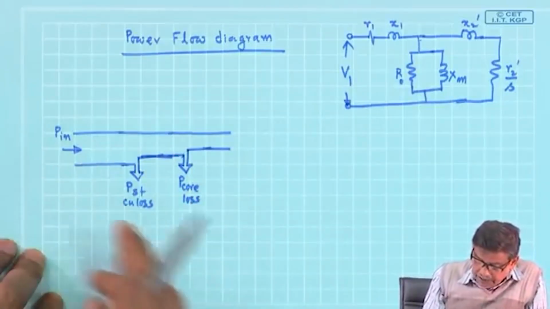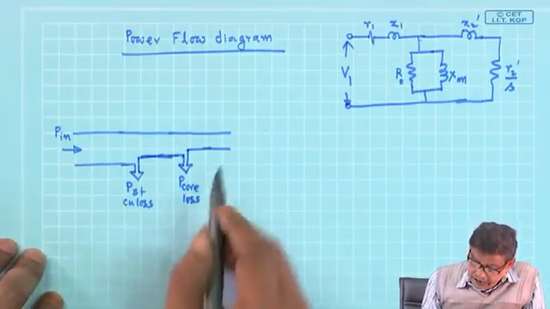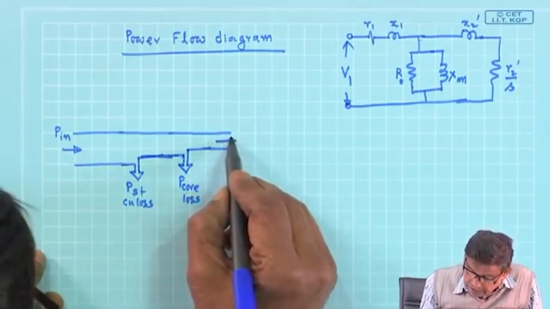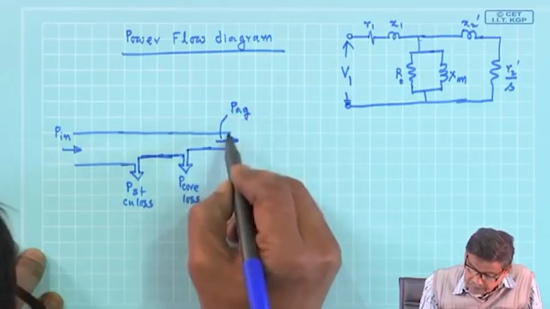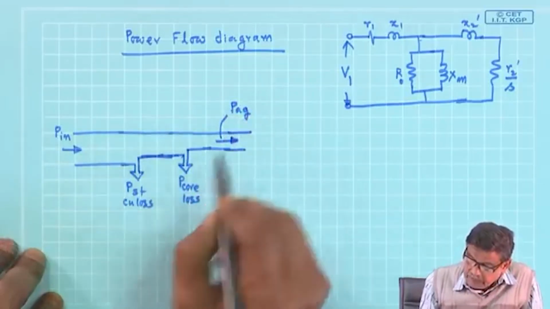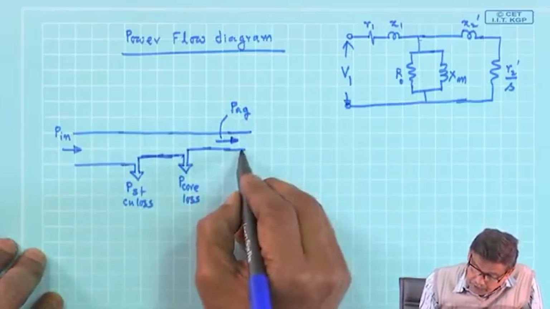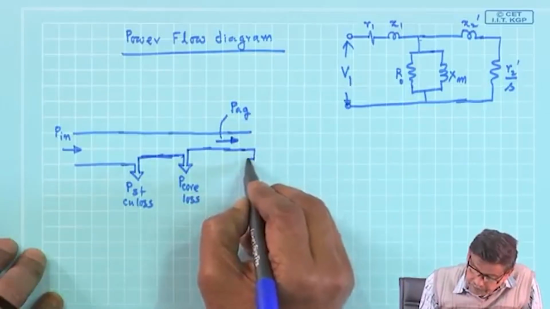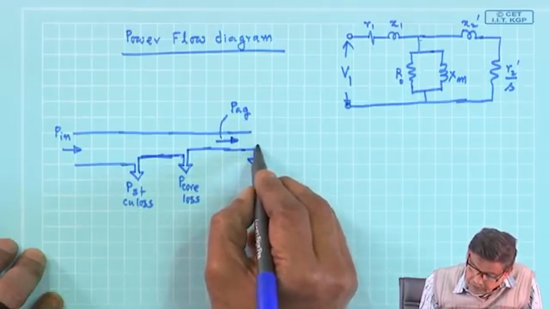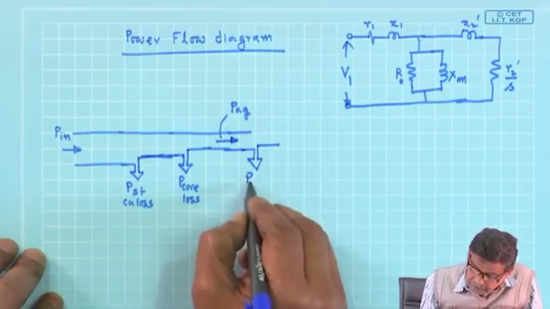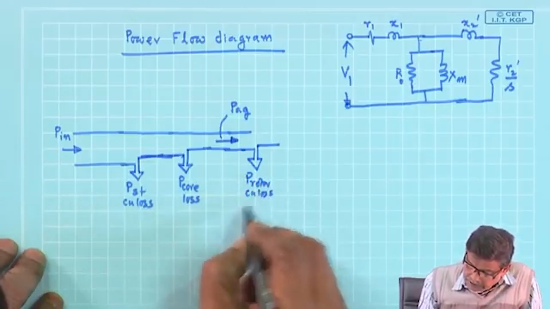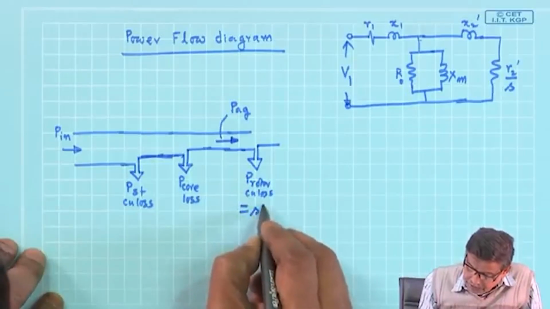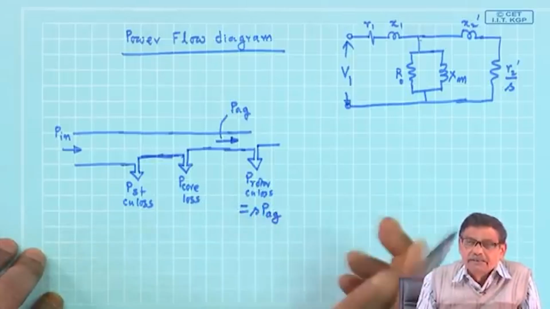Therefore, P in minus the stator losses, and whatever power remains is PAG, the air gap power. From the air gap power you have to subtract the rotor copper loss, P rotor copper loss, which is always S times PAG.